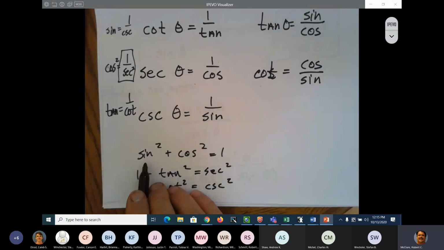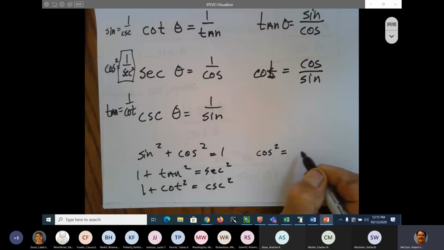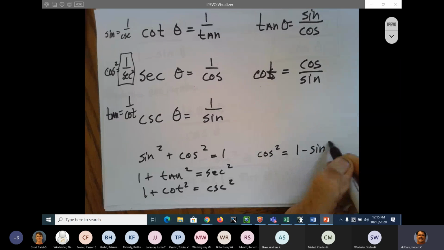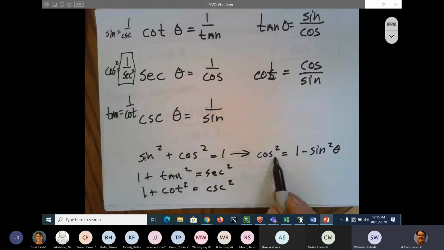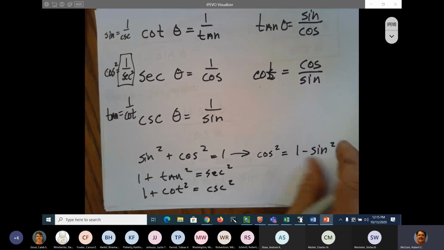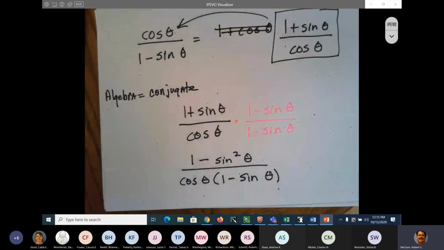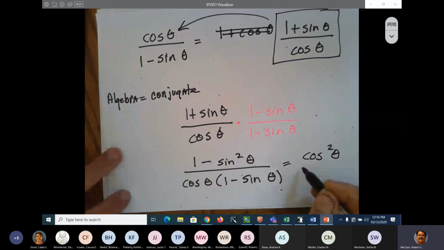Well, cosine squared is equal to 1 minus sine squared. So I can rewrite 1 minus the sine squared as cosine squared. So I'm going to change that to cosine squared theta over cosine times 1 minus sine theta.